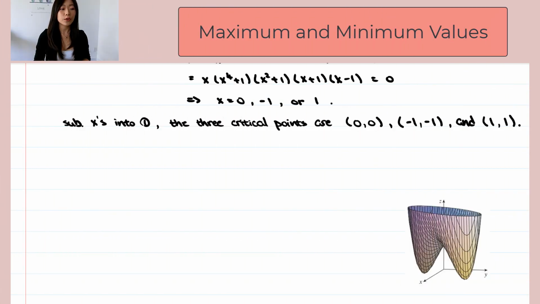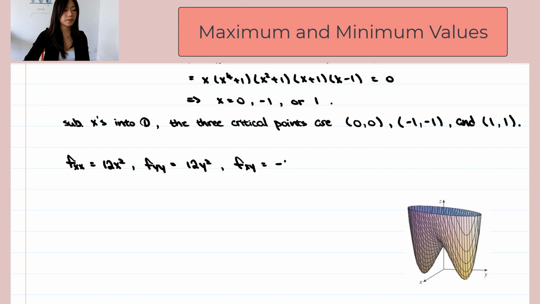Then to find whether the critical points are maximum, minimum, or saddle points, we need to evaluate their value D. And we'll need the second derivative of the function: f sub xx, which equals 12 times x squared, and f sub yy, which equals 12 times y squared. And we'll also need f sub xy, which equals negative 4.